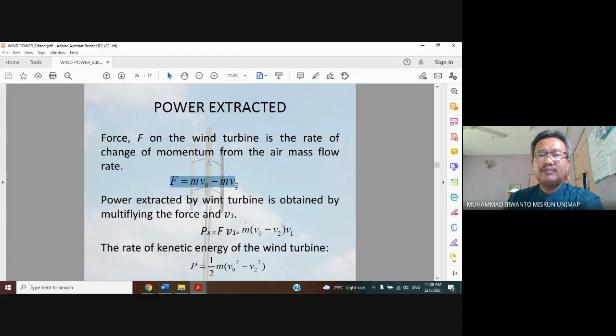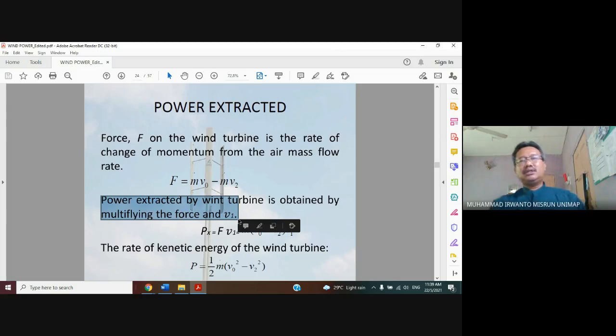wind speed. And then when the wind speed arrives at the wind turbine, the wind turbine moves. The movement of the wind turbine indicates that the wind turbine has power extracted.